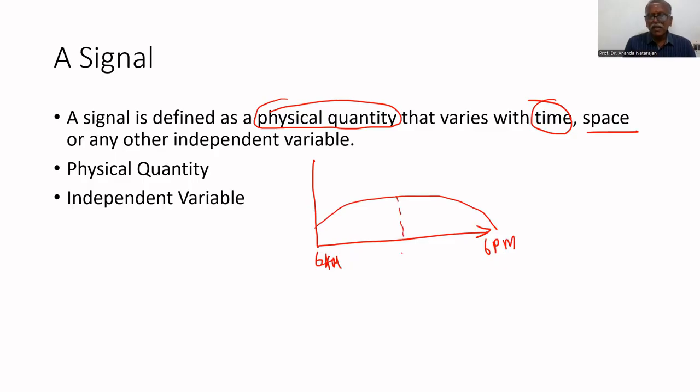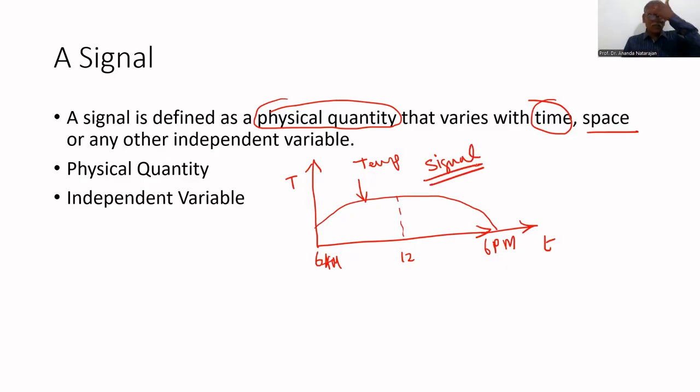At 12 noon, it is very high. So here, the physical quantity is temperature, which varies with respect to the independent variable time t. This variation of this physical quantity, temperature, is called a signal.